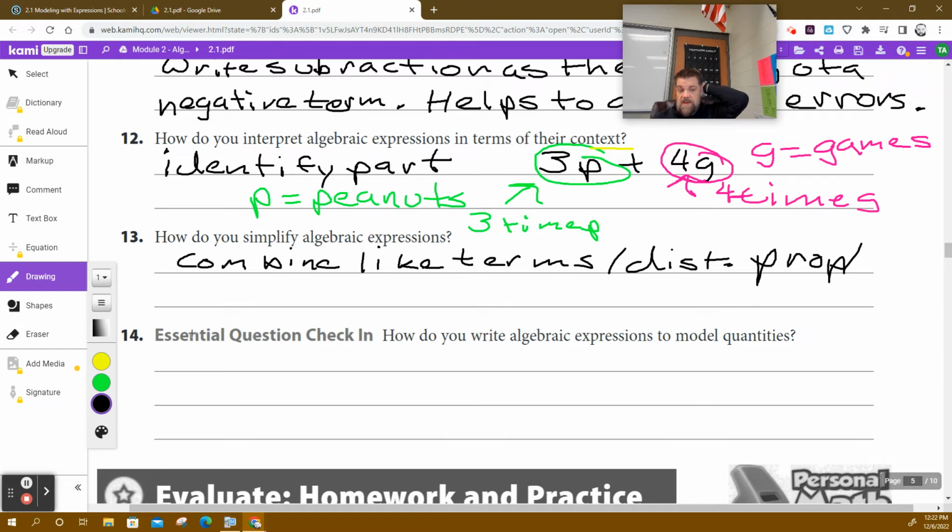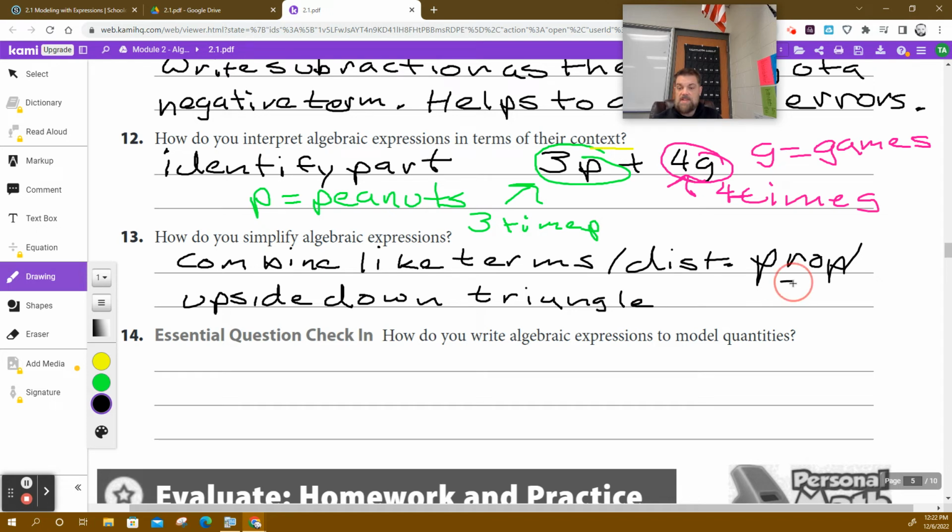But when you simplify, I want you to write this down. It may not make sense, but say upside down triangle, or sometimes I'll call it a Christmas tree.